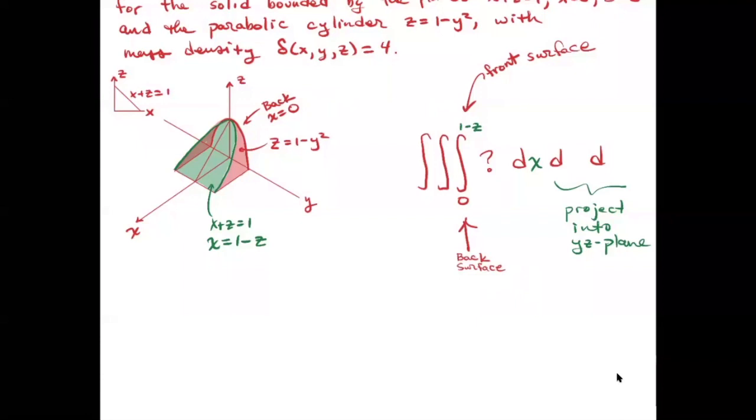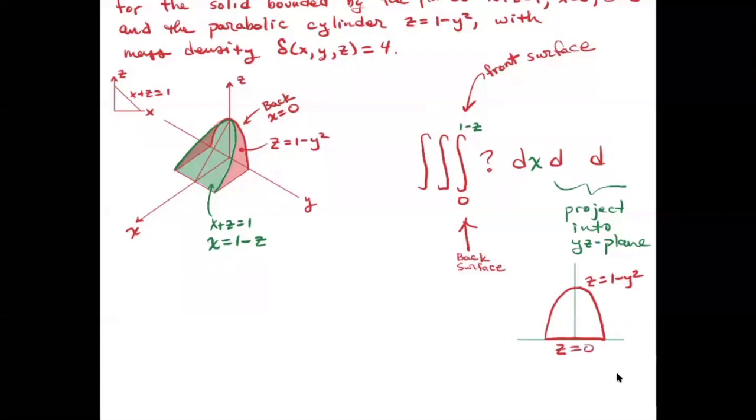Let me do that real quick here. YZ plane, got it. It's just that parabola here. And remember, the parabola is z equals 1 minus y squared. And on the bottom, you also have a boundary where z is 0.